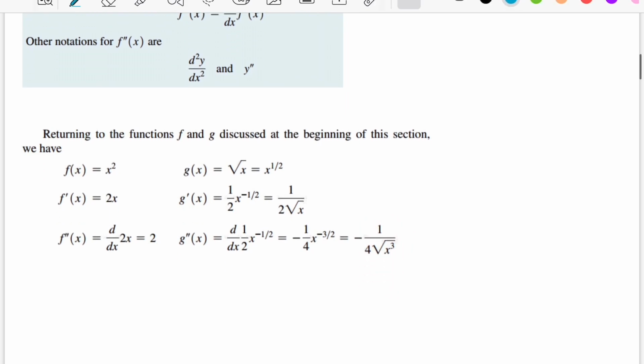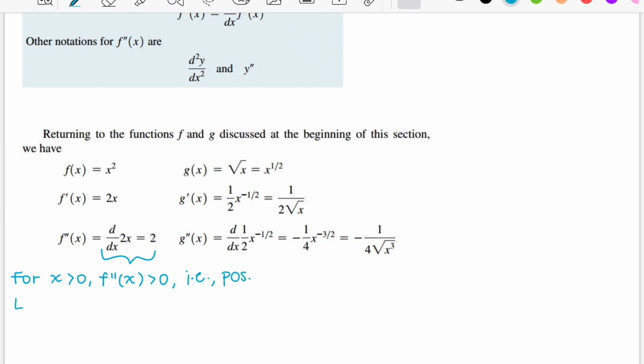And so notice, we're looking at the second derivative here. Well, we know that our functions are defined on the interval 0 to infinity, so x is going to be greater than 0. We know that our second derivative is also going to be greater than 0, or in other words, it's going to be positive.